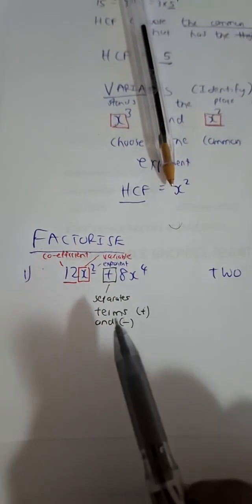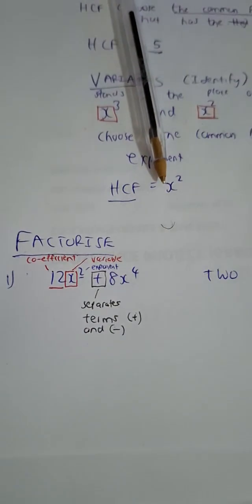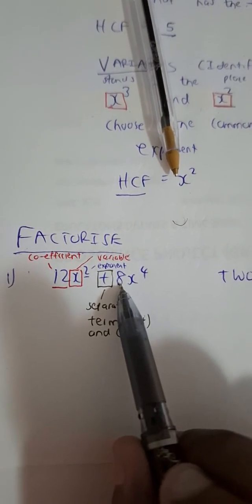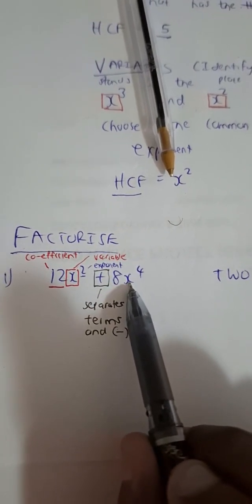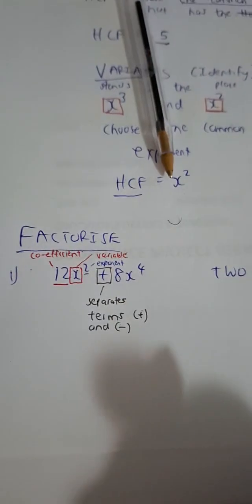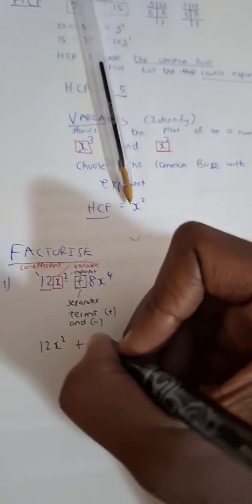Those are the only things that separate terms. Minus and plus will always separate terms. Then you have 8, which is also a coefficient, x, which is also a variable, and 4, which is also an exponent. So we have 12x squared, just going to rewrite these, plus 8x to the power 4.